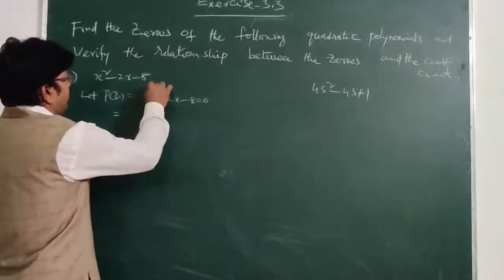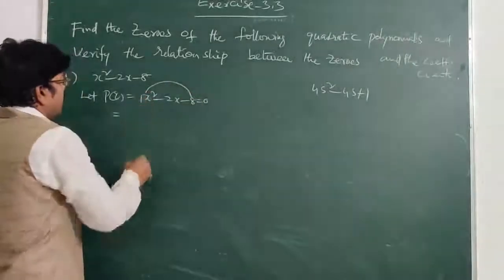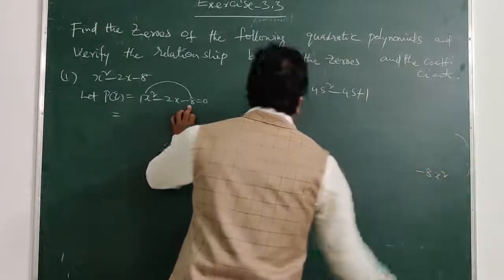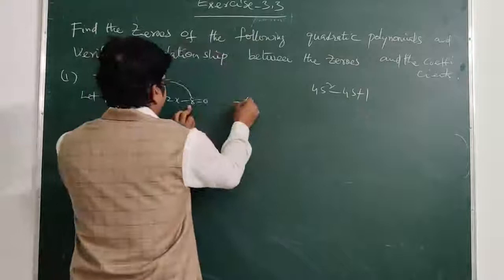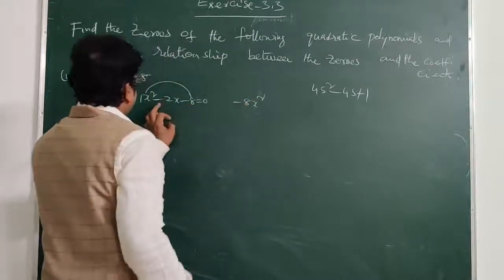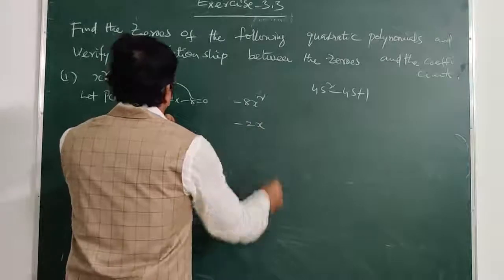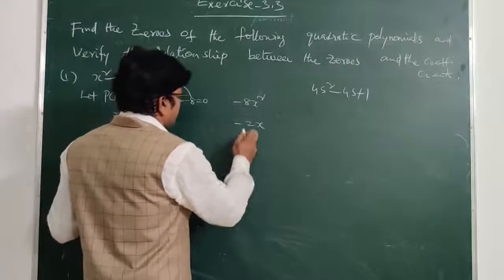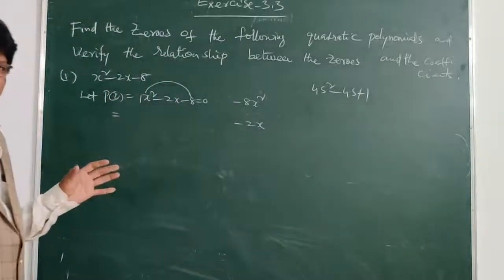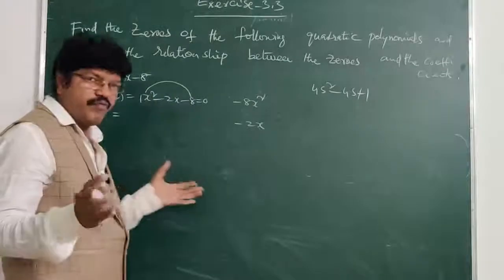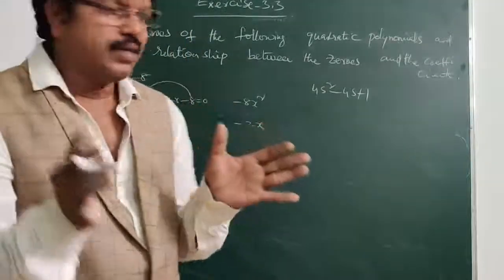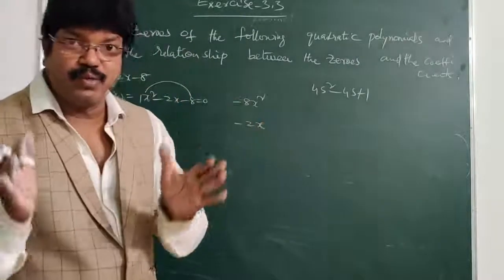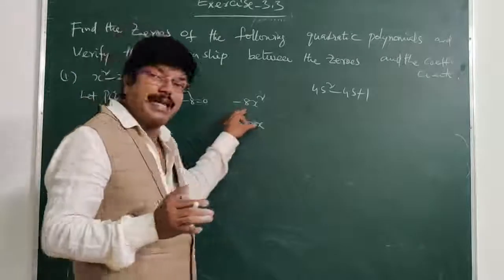Multiply these two: minus 8x square. This is minus 2x. We split into two numbers: if we add those two numbers, we get minus 2, and if we multiply them, we get minus 8.